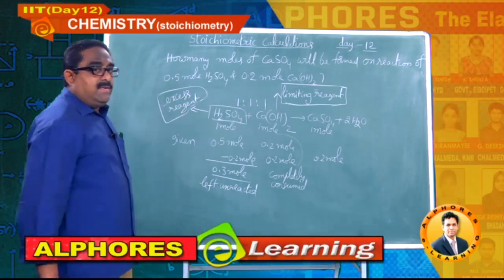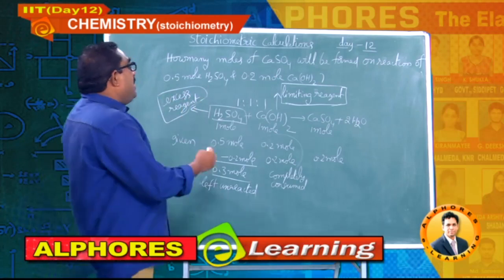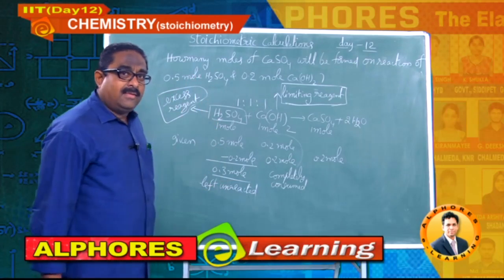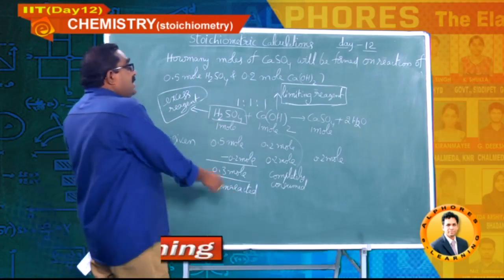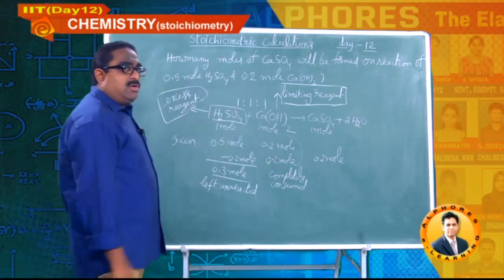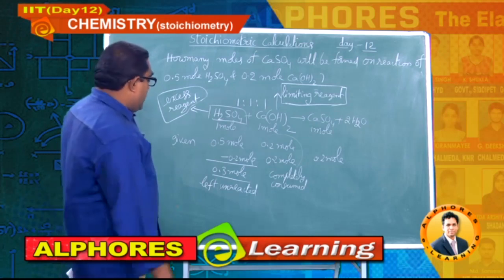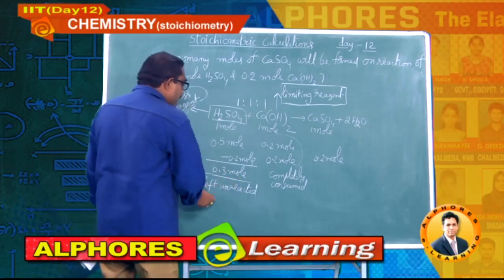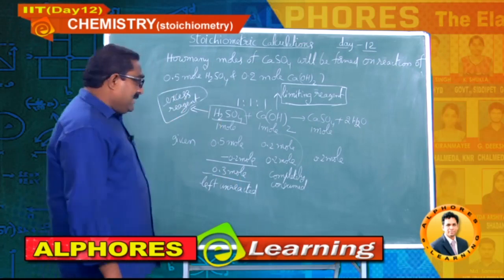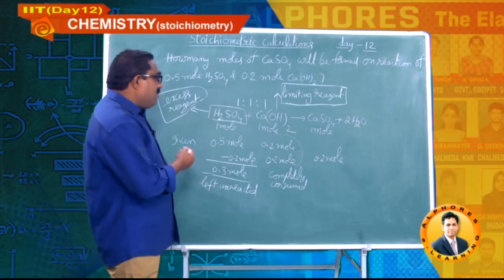Now, students, we are entering a very important concept. This plays a major role in solving many numericals in the coming days. The reactant which is completely consumed in the reaction is called the limiting reagent, and the one left unreacted is called the excess reagent. Please note it down.